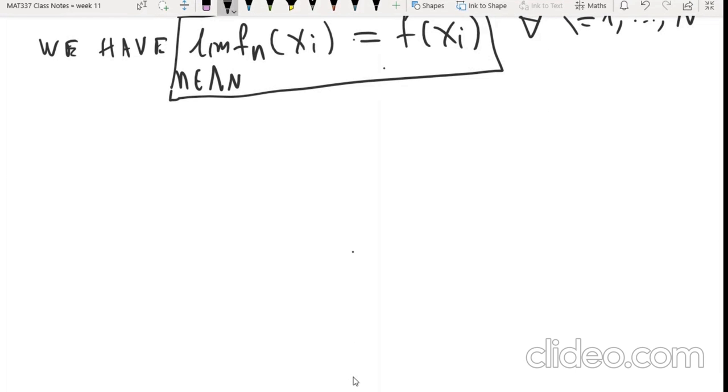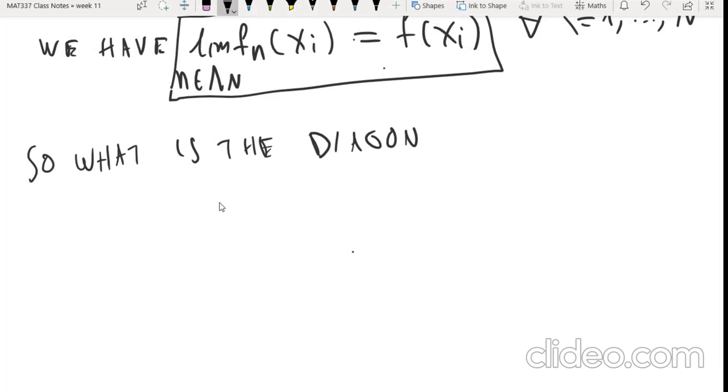So what is our subsequence? I want to draw you a picture to see why it is called diagonalization.